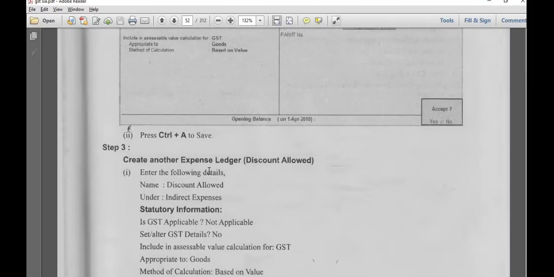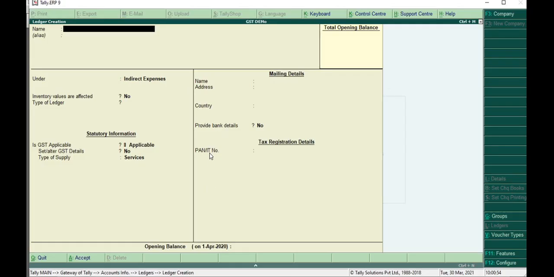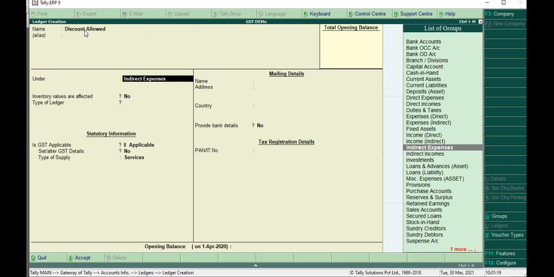Next we have to create discount allowed. Discount allowed comes under which group? Is it an income or expenditure?